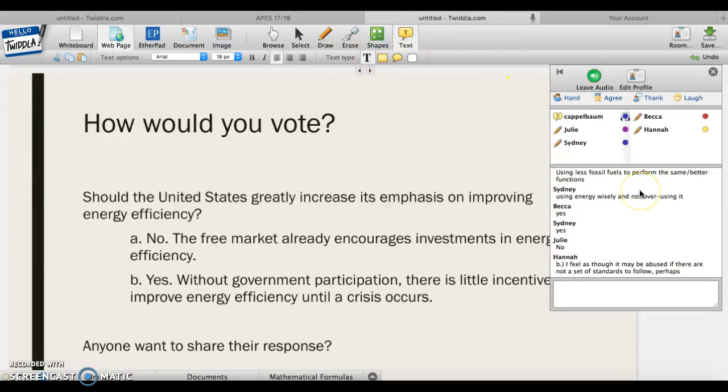Okay, so we're a split choice here. So Becca and Sydney say if we could create incentives, this would then drive different corporations and companies to move towards efficiency, but we have a divide here with Julie and Hannah. Does anybody want to chime in with audio for their perspective?